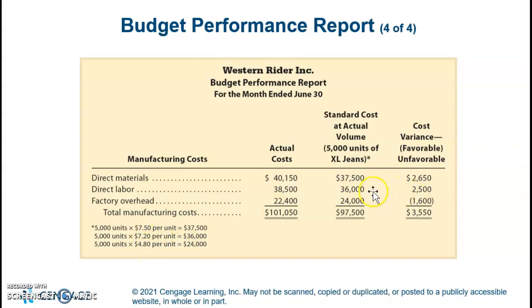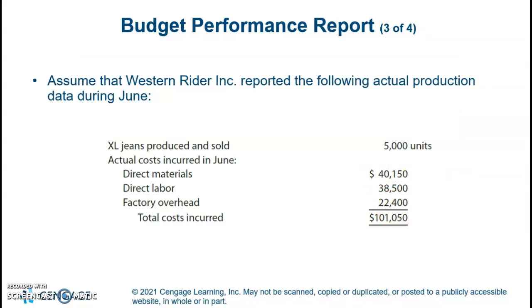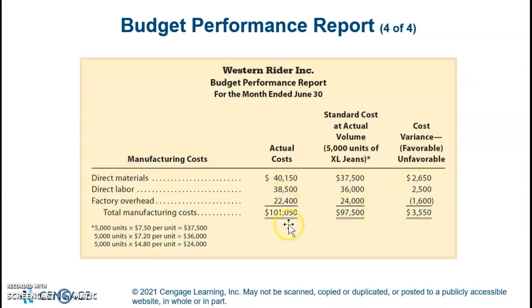Then we're going to have these numbers right here. And that's when we'll compare it to our actual. See, here was the actual, and here's where the actual is. So direct materials actually cost $40,150, but we expect it to cost $37,500, so that is unfavorable.